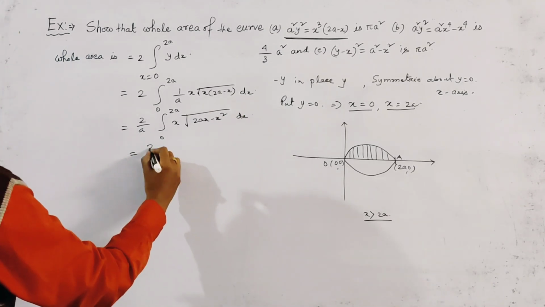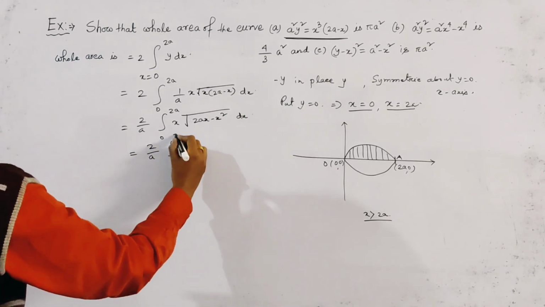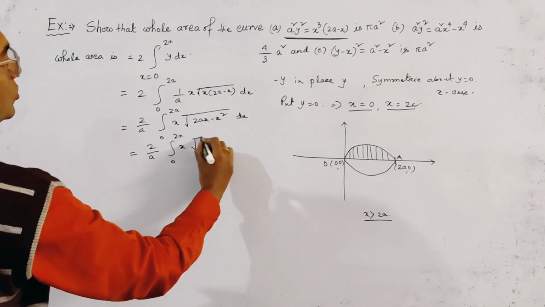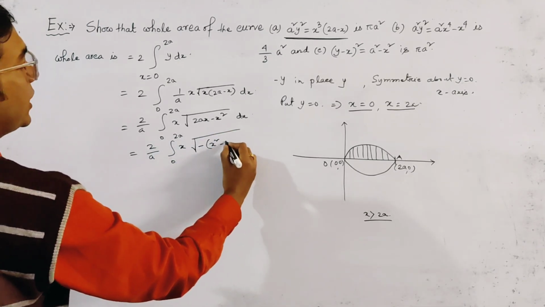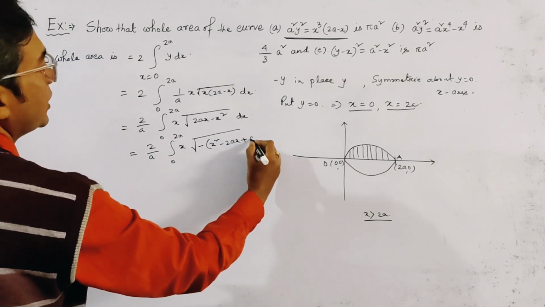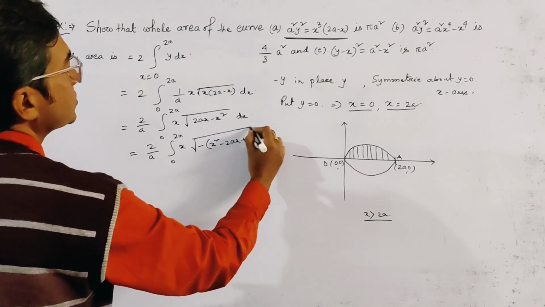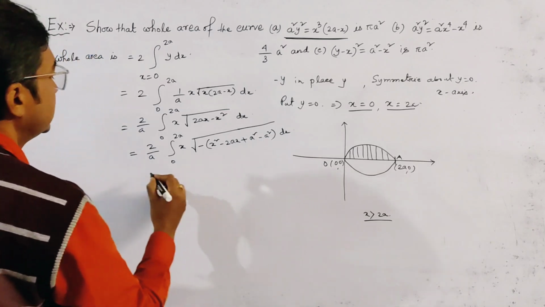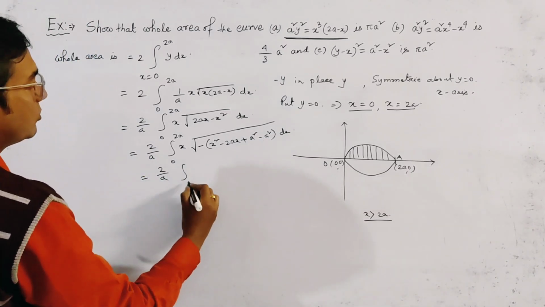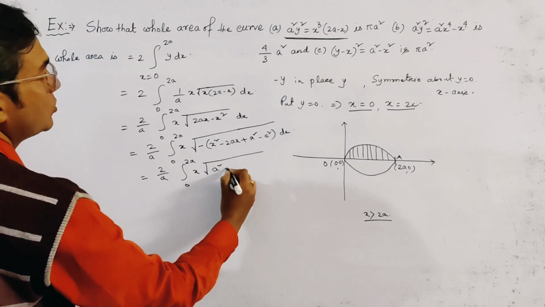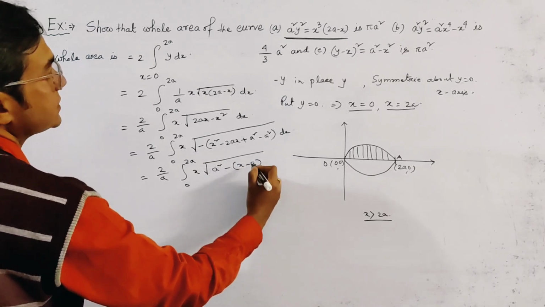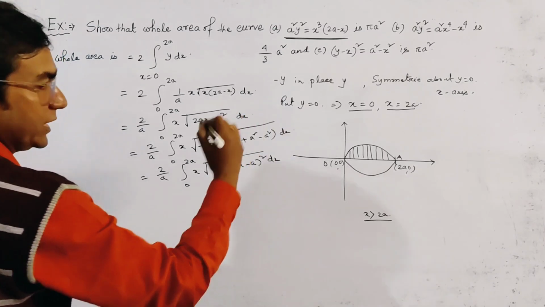Taking common, this becomes 2 by a times the integral of x root of (x square minus 2ax plus a square minus a square) dx, which is 2 by a times the integral from 0 to 2a of x root of (a square minus (x minus a) whole square) dx.